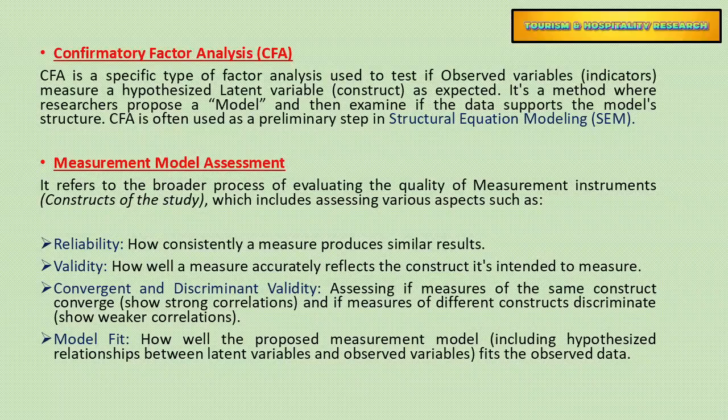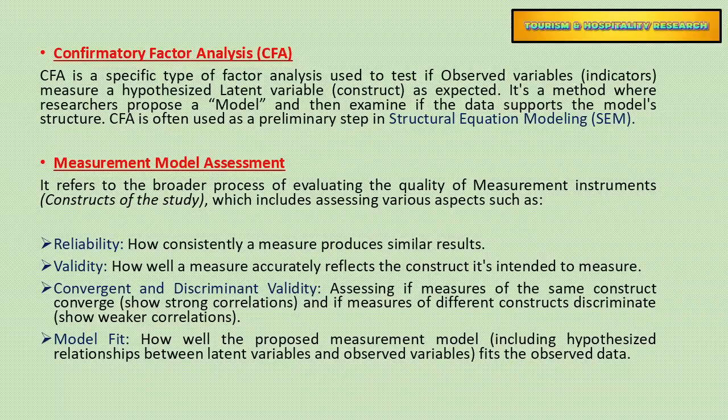Measurement model assessment refers to the broader process as we have discussed, and it includes several aspects such as finding the reliability, which means how consistently a measure produces similar results. Validity, how well a measure accurately reflects the construct it's intended to measure.